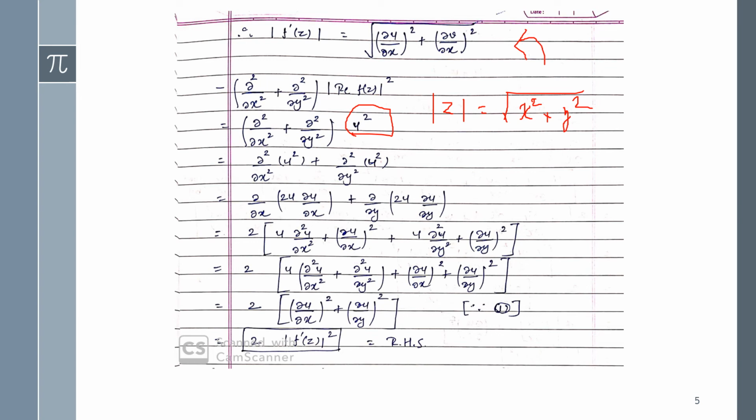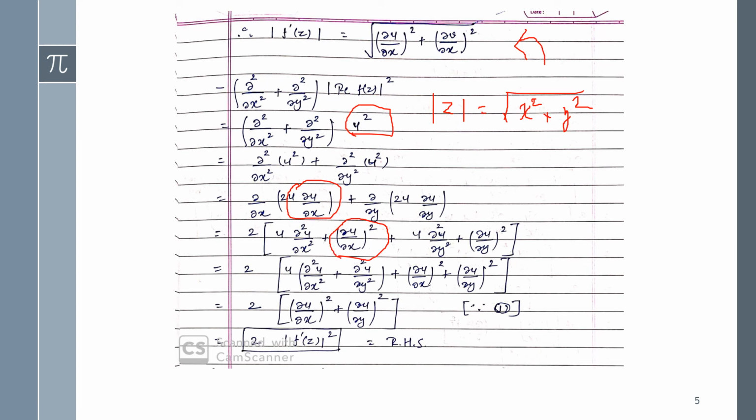Because you can see that 2 is common for all, and the remaining term will be u into del u upon del x. With respect to x we are doing, so u as it is, del u upon del x becomes del square u upon del x square, plus again the second term as it is, and u becomes del u upon del x. So it will be del u upon del x whole square. I hope you all understood guys.